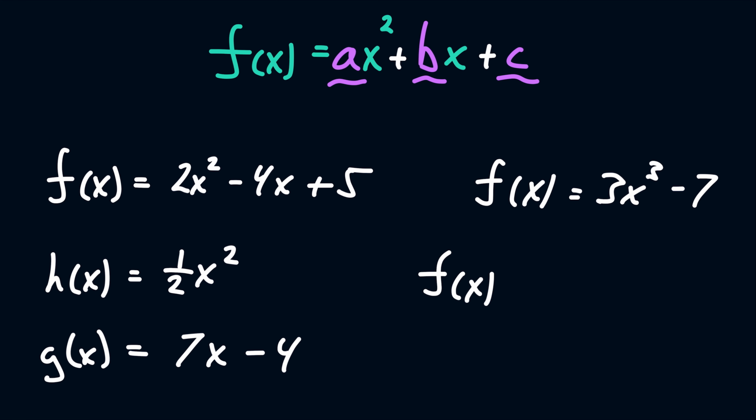Imagine if I had something like x times x minus 3, plus 2. Is that a quadratic function? What do you think? Did you say yes? Then you are correct. Nicely done. Now, you might say, wait a minute, Andrew, you said there has to be an x squared somewhere.